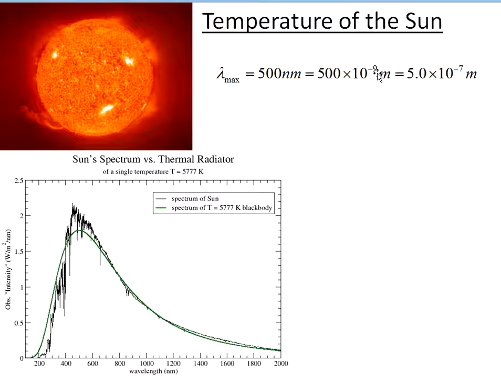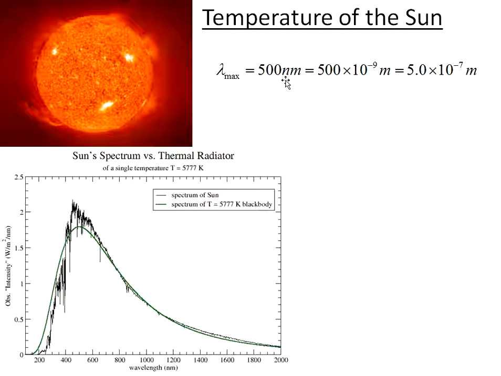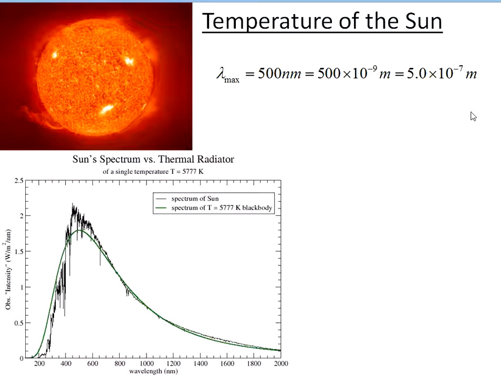So we add 2 to negative 9, it becomes negative 7. These are all the same wavelength, but expressed in different units. So we got the wavelength from 500 nanometers to 5 times 10 to the minus 7 meters.